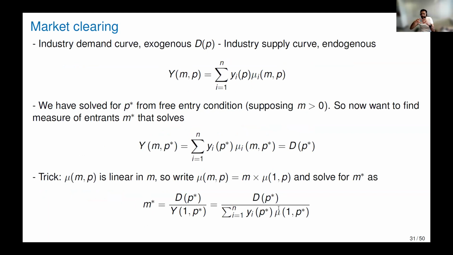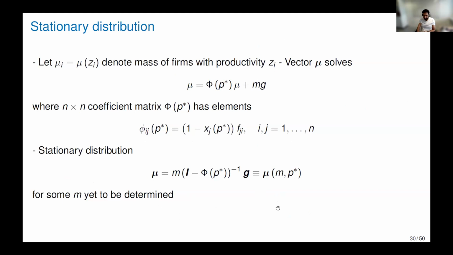So it's basically saying that M is a scaling factor which will scale up or down depending upon the overall demand in the economy, or how large the economy is, but it will not affect the prices and the distribution of firms. Again, the prices P are pinned down by the free entry condition.